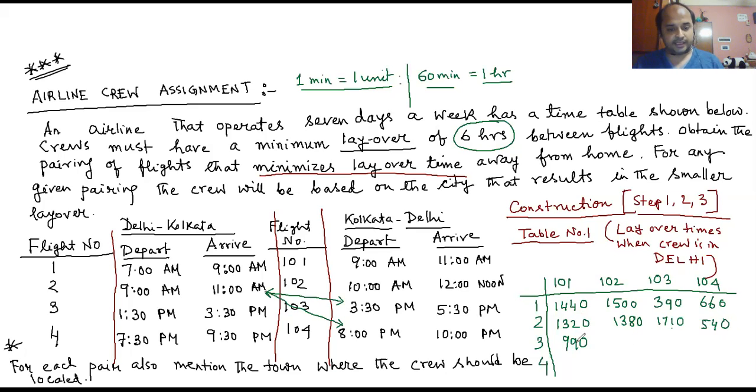No, let me check once again. Have I done correctly? 3:30 to 9 a.m. So 4:30, 5:30, 6:30, 7:30, 8:30, 9:30, 10:30, 11:30, 12:30, 1:30, 2:30, 3:30, 4:30, 5:30, 6:30, 7:30, 8:30. 17.5 multiplied by 60. 1050.